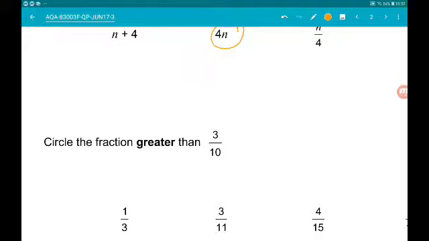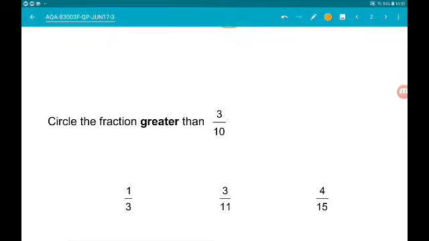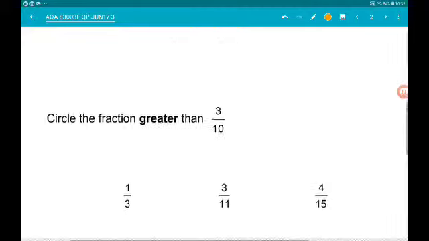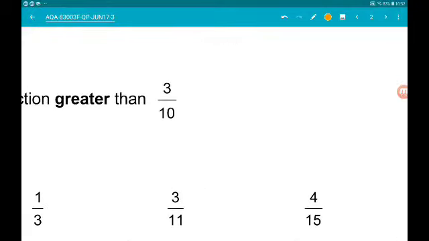Circle the fraction greater than 3/10. Your calculator can help you out here. Fractions are not easy to compare when their bottoms are different. So if we convert 3/10 into a decimal, it's 0.3. If you don't know how to do that, put the fraction in, press equals, and then press the S-D button.